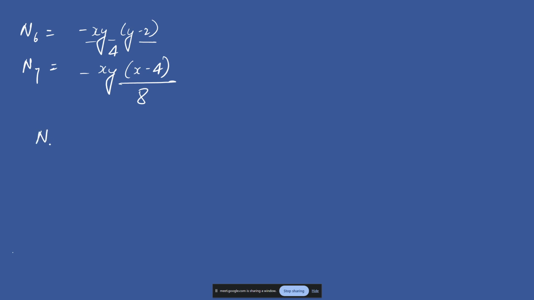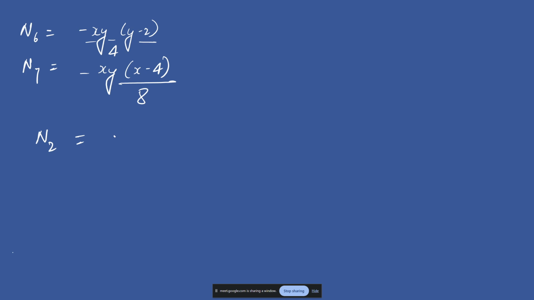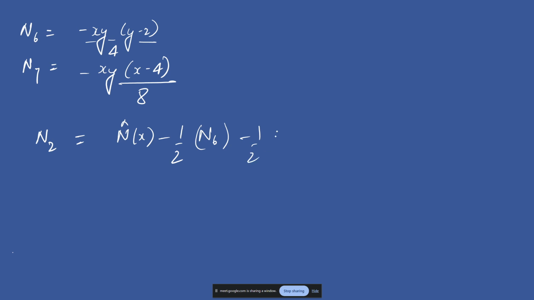So accordingly your N2 will be given by your N cap at that particular node, minus half of N6, minus half of N7.